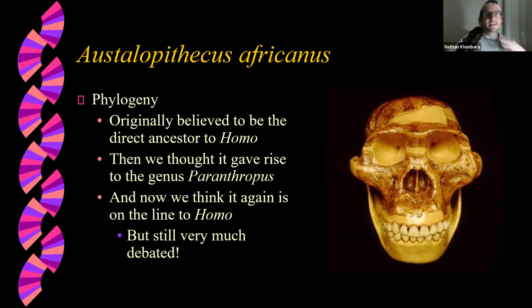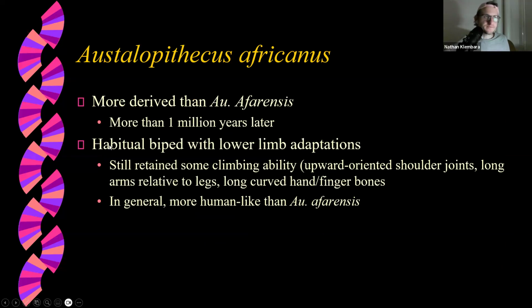I'm more interested in Neanderthals and very early modern humans in Europe that we'll get to toward the end of this course. But we were like, yeah, this is the direct ancestor to Homo. And then we were like, no, it's not. And then we're like, maybe it is, but maybe it's not. We do think that it gives rise to the genus Paranthropus that we'll talk about later in this module. But it doesn't seem to be the direct ancestor to Homo anymore.